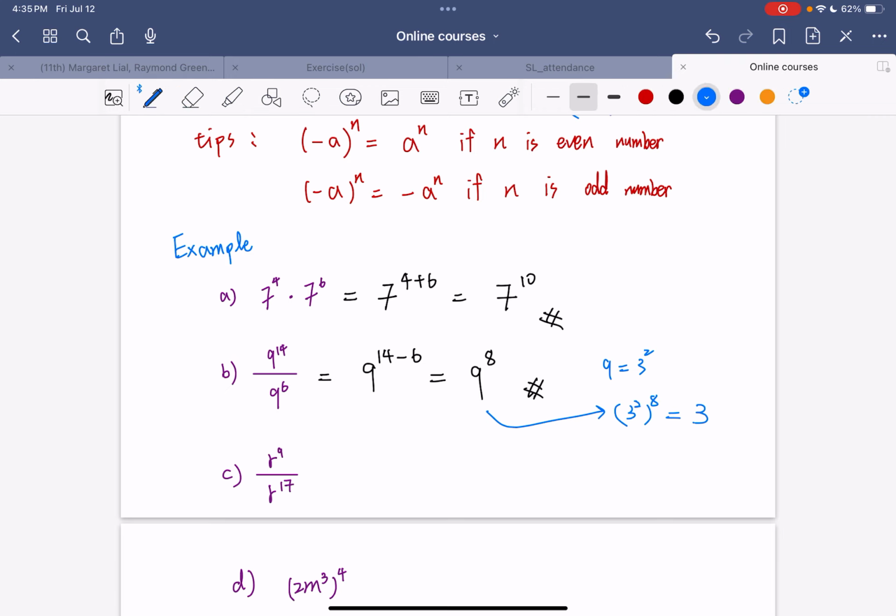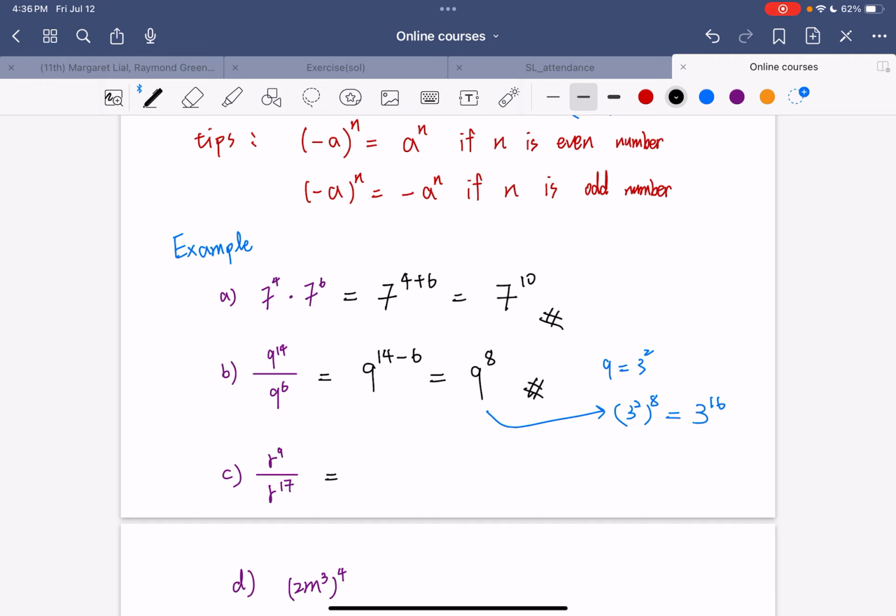Yeah, so either way it's correct, or you can choose to calculate that number, but that would be heavy work. Yeah, so let's avoid that.